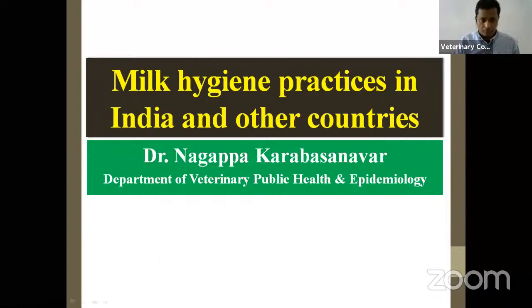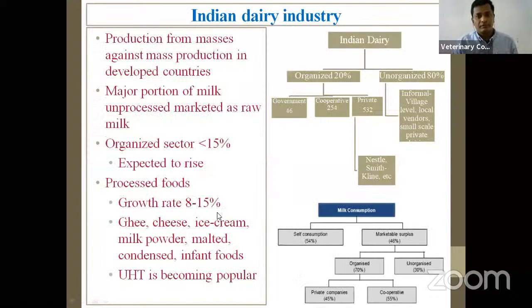When we talk about Indian production, it is largely mass production from the masses. We categorize the production systems as either production from masses or mass production. Mass production means individual units producing huge or large volumes of milk.